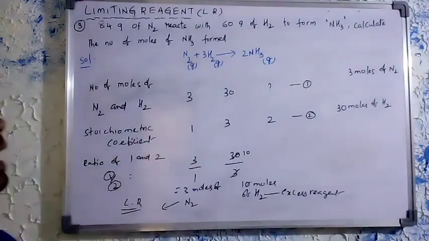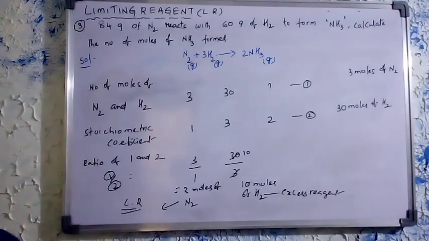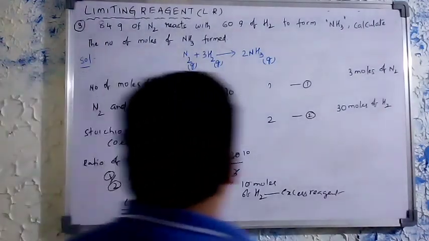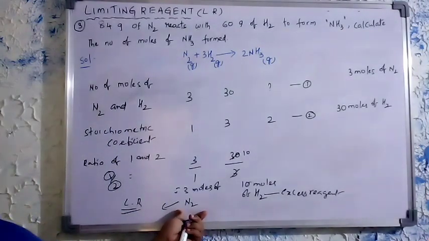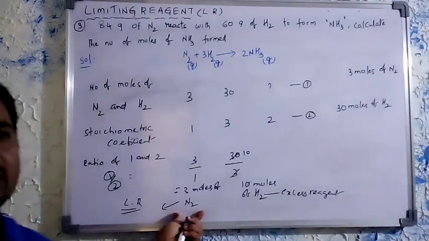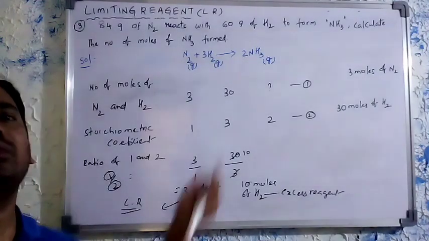So we will calculate the number of moles of product ammonia. Here the limiting reagent is nitrogen gas, so the limiting reagent nitrogen gas will decide the formation of the product ammonia.